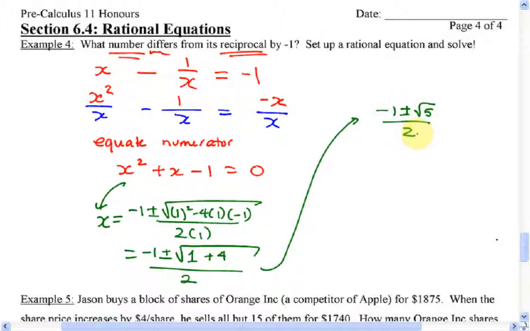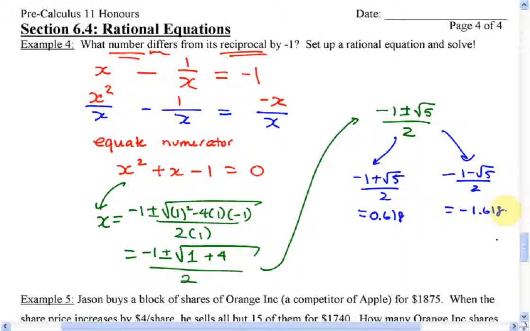Now, can someone actually calculate what these two numbers are? I just want to do it because I want to illustrate this to you, but you don't have to. So -1 plus root 5 over 2 is 0.618. And what about the other one? Negative what? 1.618.